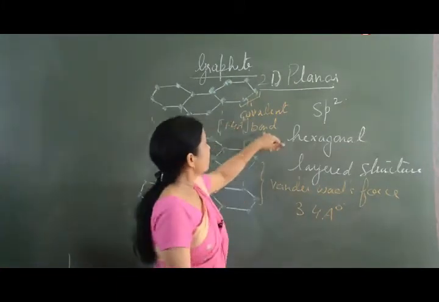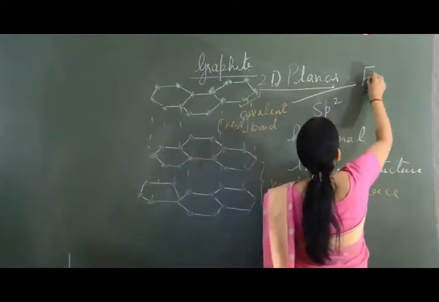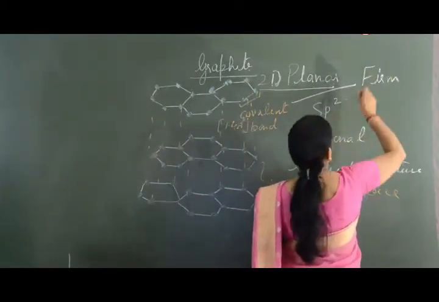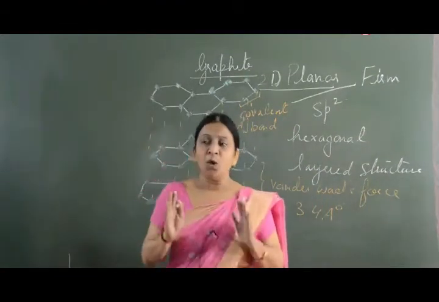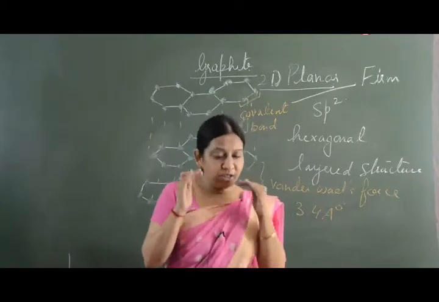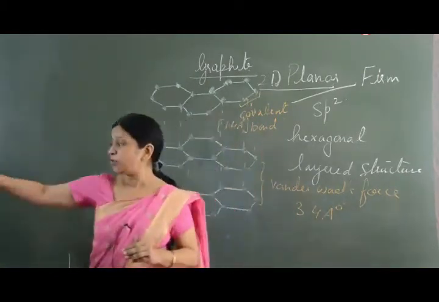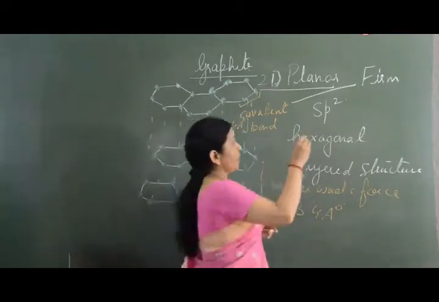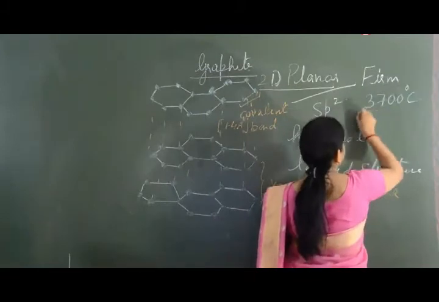Because of the presence of this covalent bonding, the structure of graphite is firm. Why? Because within the layers the bonding is covalent, and because of this firm structure the melting point of graphite is very high, 3700 degree Celsius.